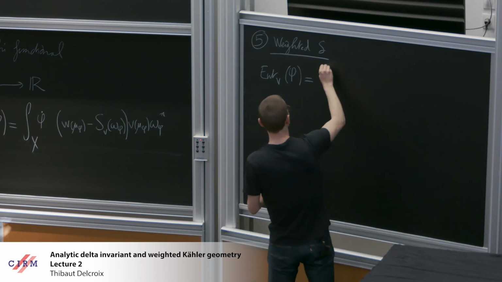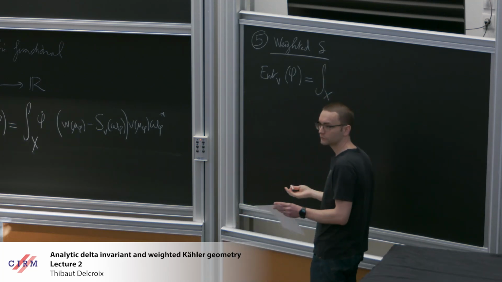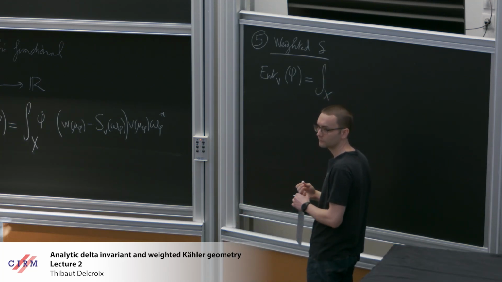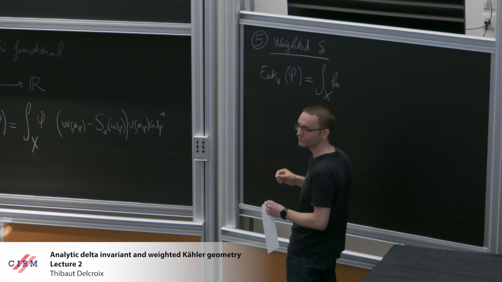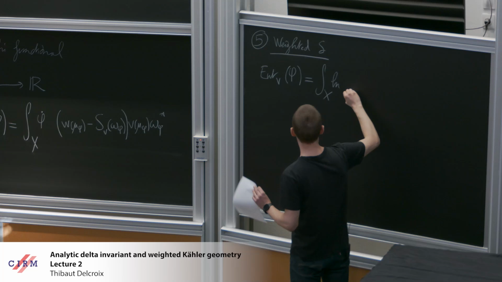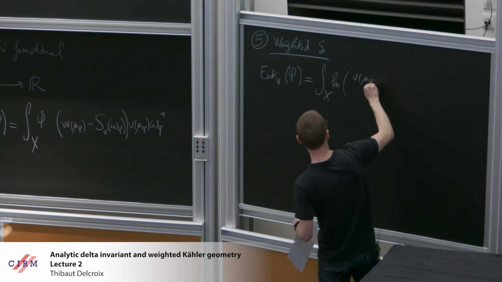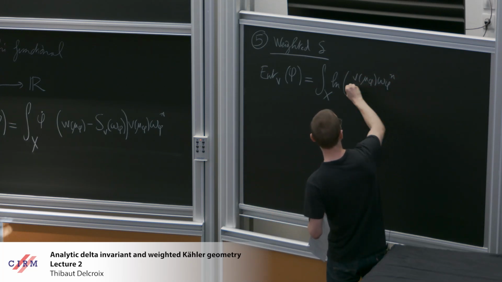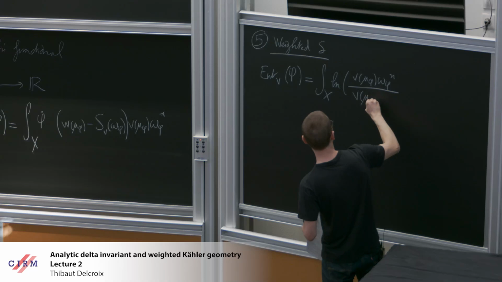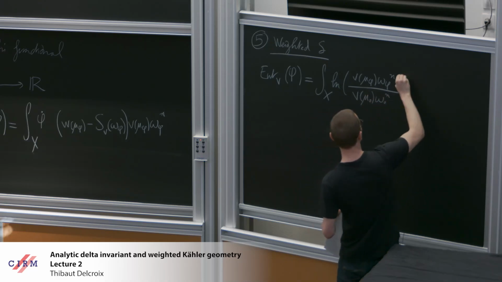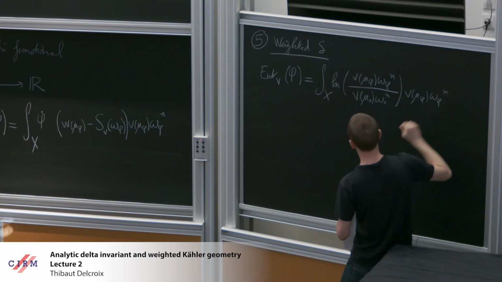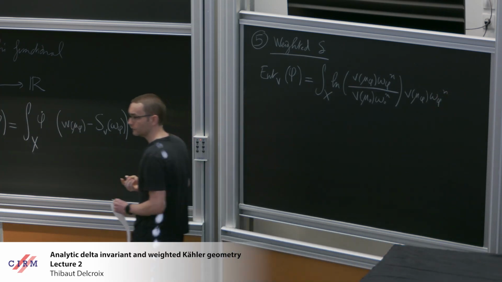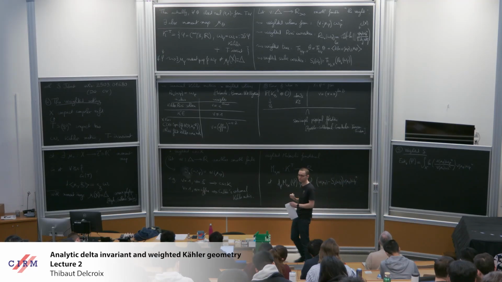What should I do? I replace the volume form by the weighted volume form. And the weighted J functional.